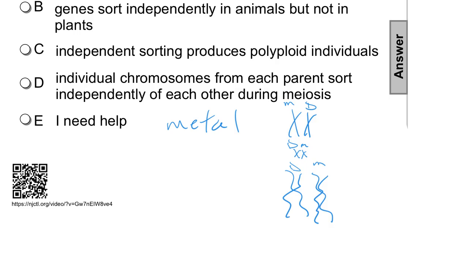Actually 46 cards, because there's 46 chromosomes. Which one ends up on what side at the metaphase plate in the homologous pair is totally random. So that's called independent assortment.